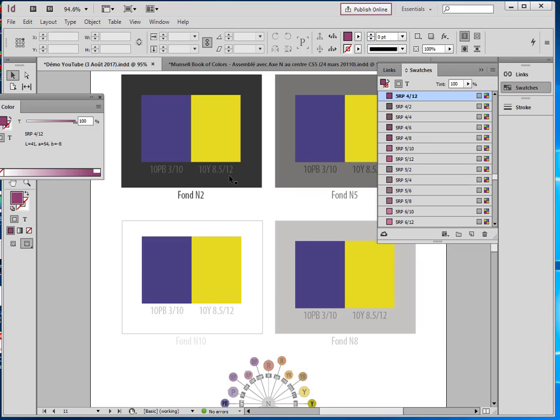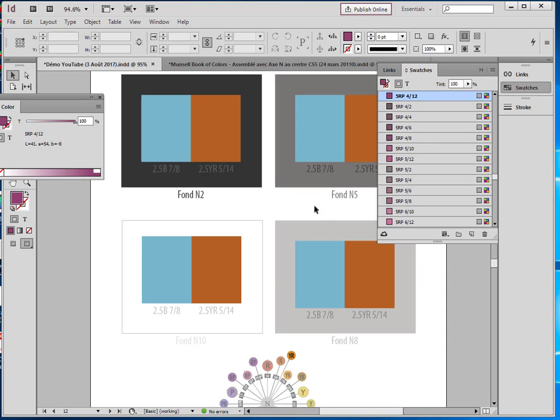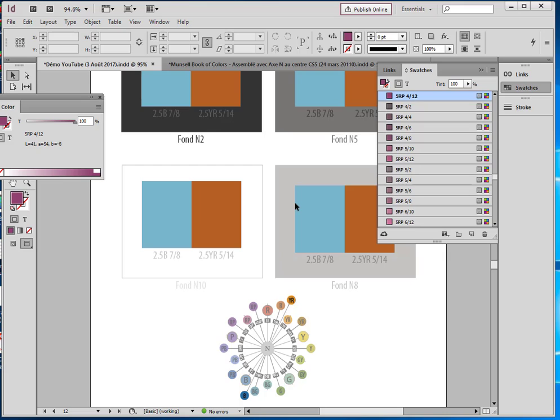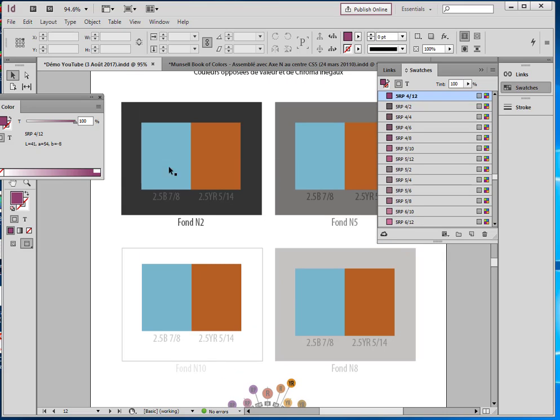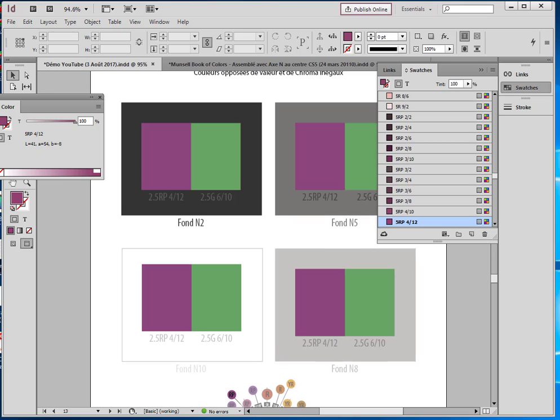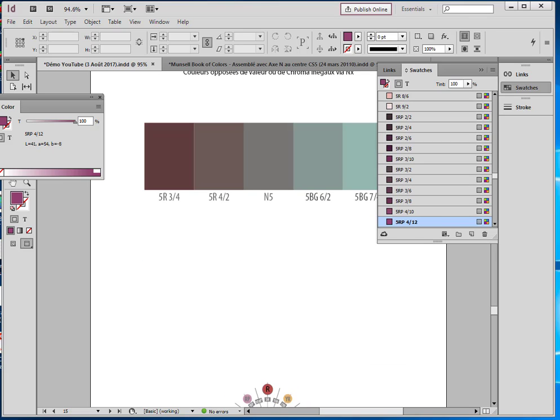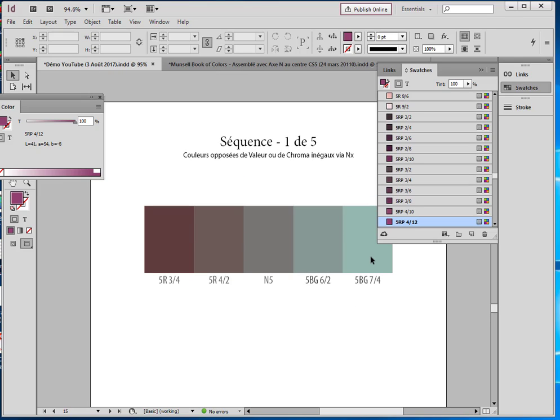This is 10 chroma, this is 12 chroma, but you can see it's a pretty powerful combination. And we're back over here, and we're exploring colors. Blue with yellow-red, and over here, same thing, another combination.